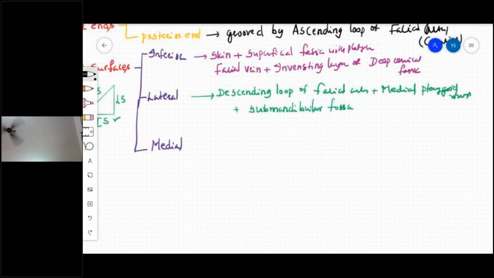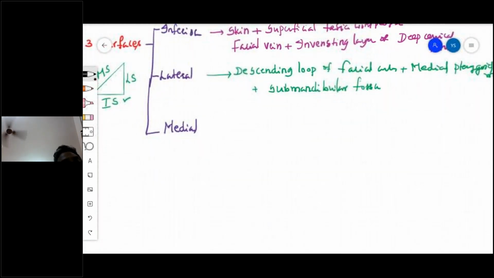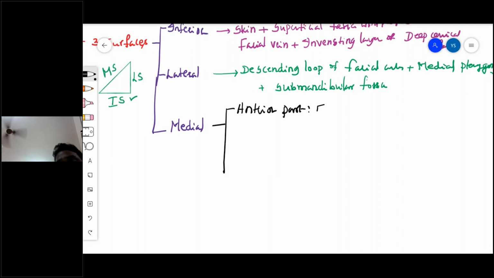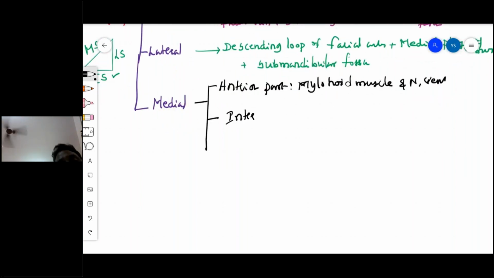Okay, the medial surface of the superficial part divides into 3 parts. First one, the anterior part. The anterior part is related to the mylohyoid muscle and its nerve and vessels. Next we have seen the intermediate or middle part.